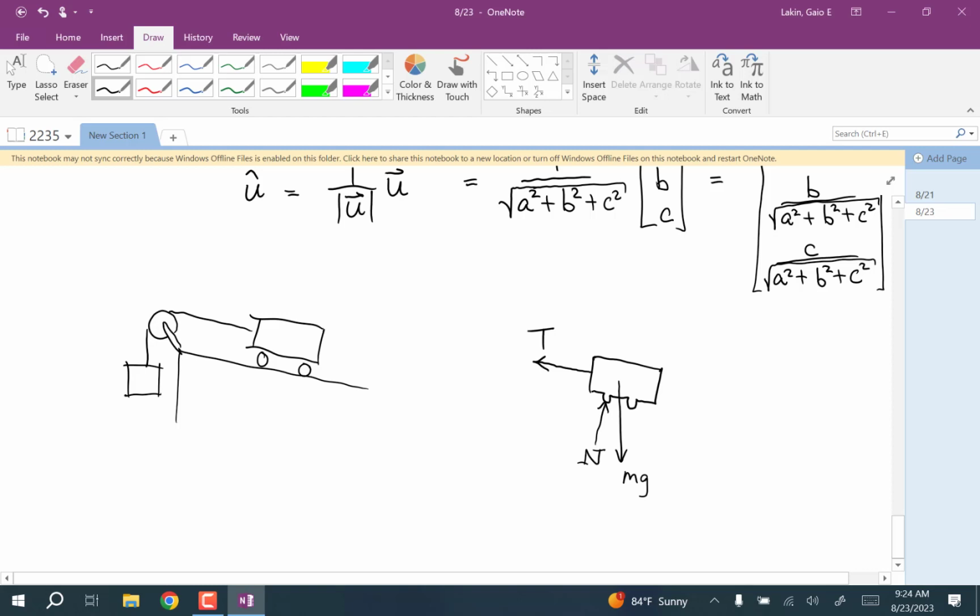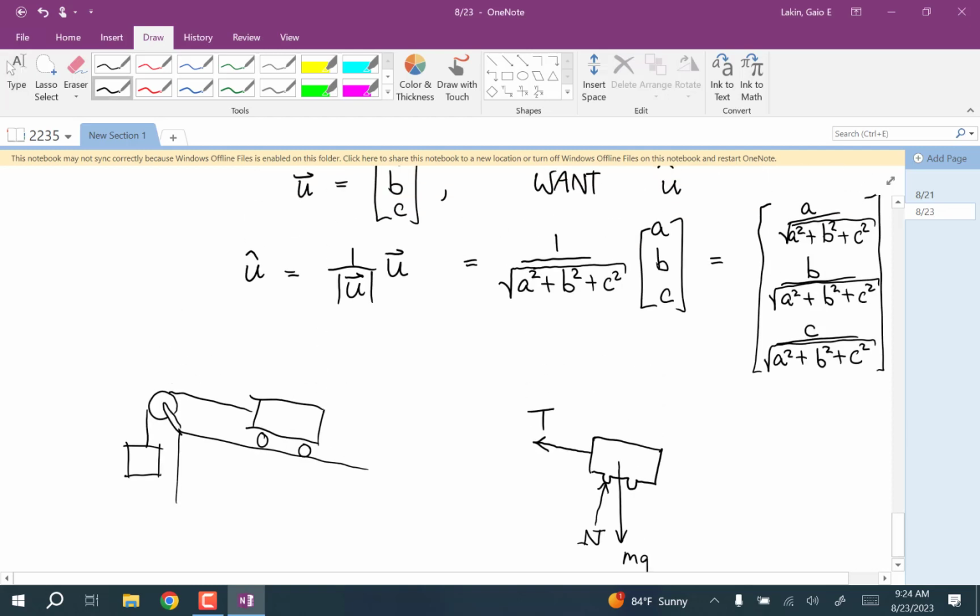So how do you give it the length T? You first come up with a unit vector in that direction using this approach here, and then you multiply that unit vector by T. And that's a vector that has the magnitude you want and the direction you want, okay?